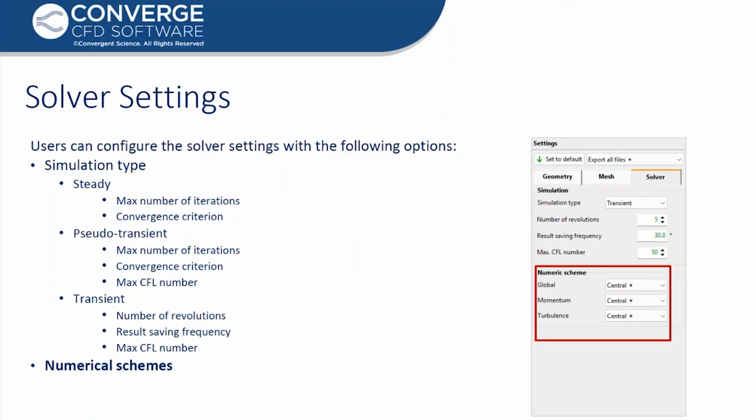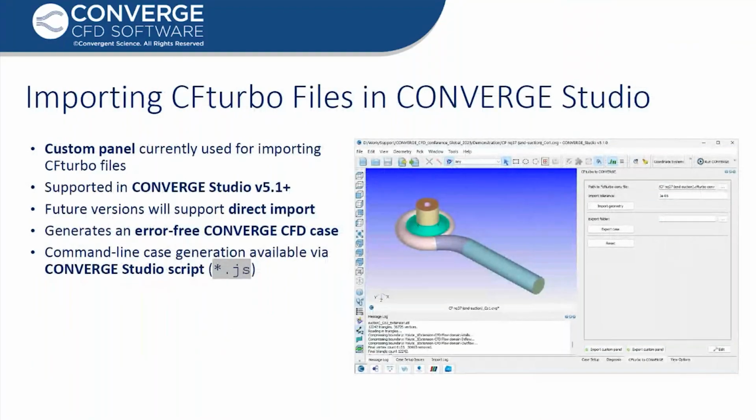Once you have configured everything and exported the files, on the Converge side we have created a custom panel which can read those files generated by CFturbo. This custom panel is supported in Converge Studio version 5.1 and later.